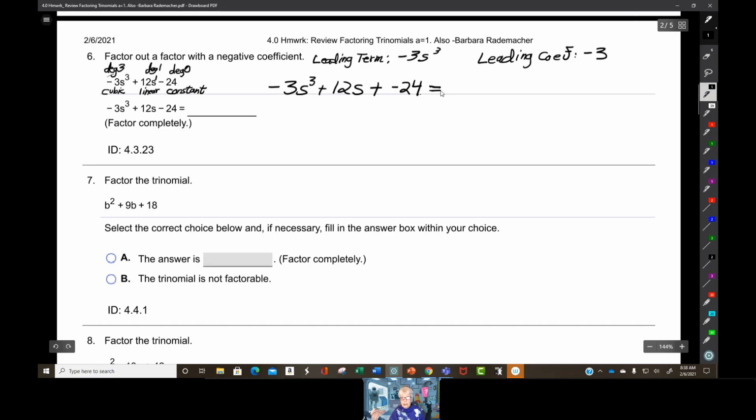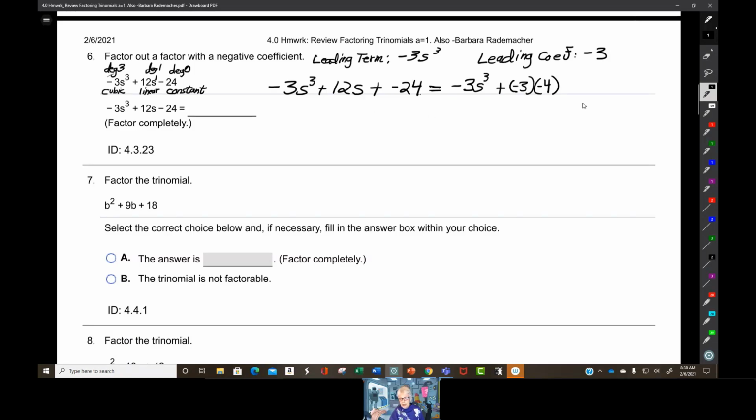So, I'm gonna rewrite this in this way. -3s to the third plus. Now 12 can equal -3 times -4. -3 times -4 is +12.